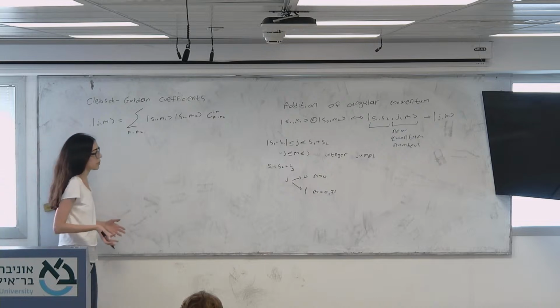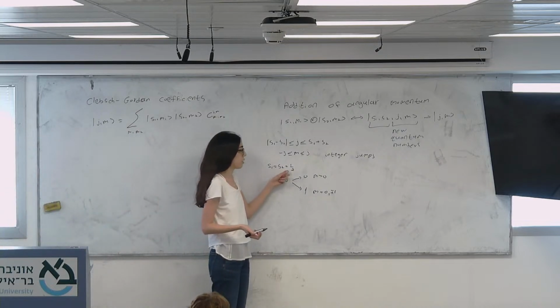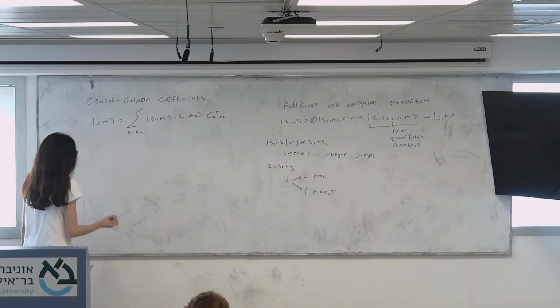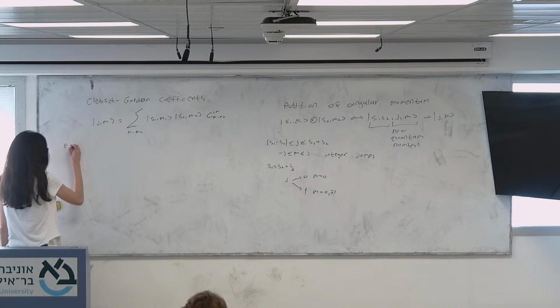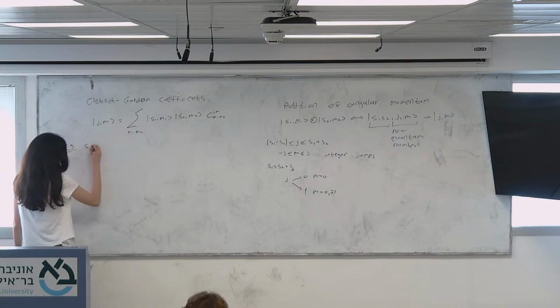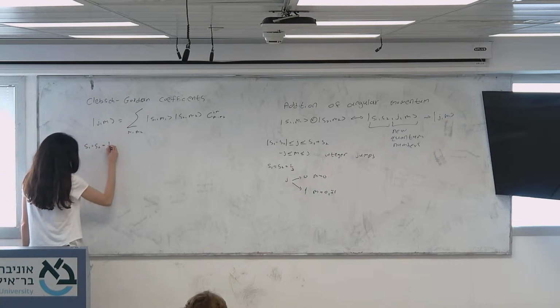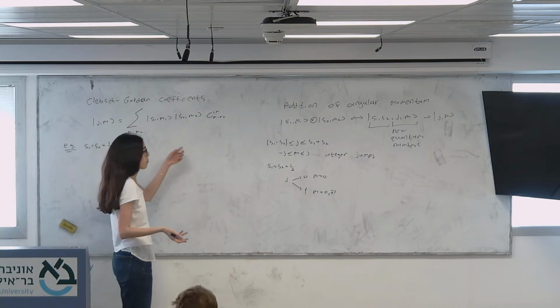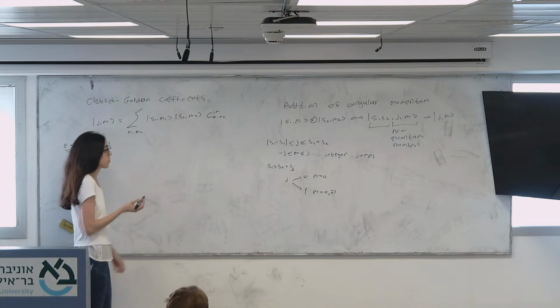And then, for example, if you look at the case that we saw for 2 spin half fermions, this is an example. In our example, you probably don't really need those coefficients.